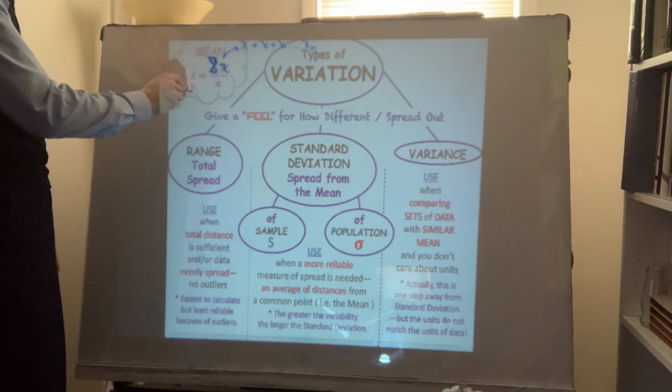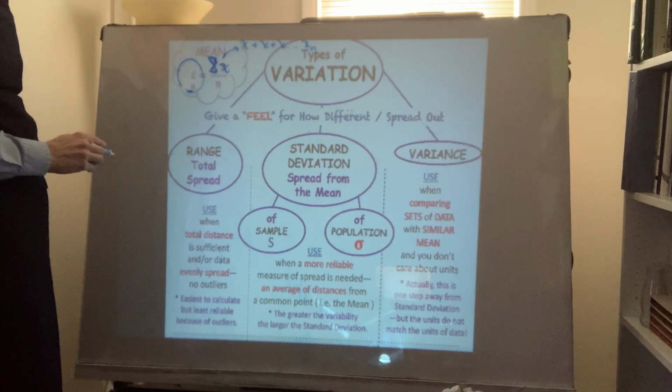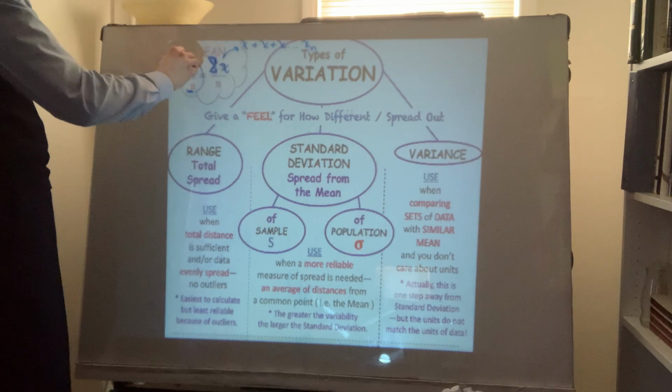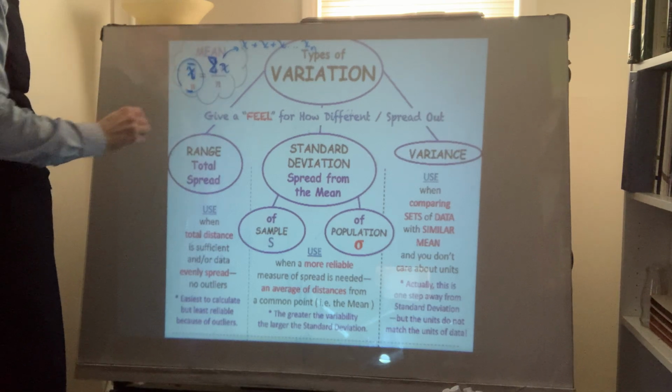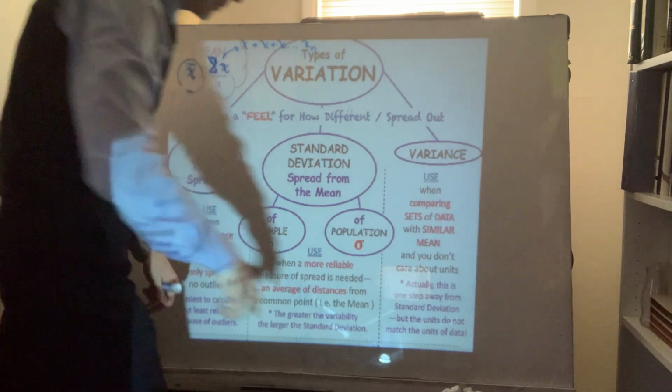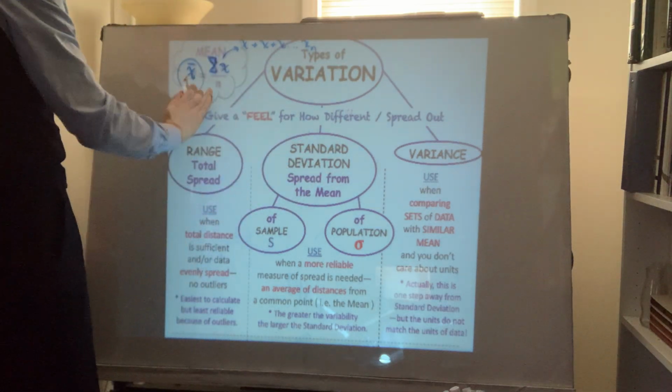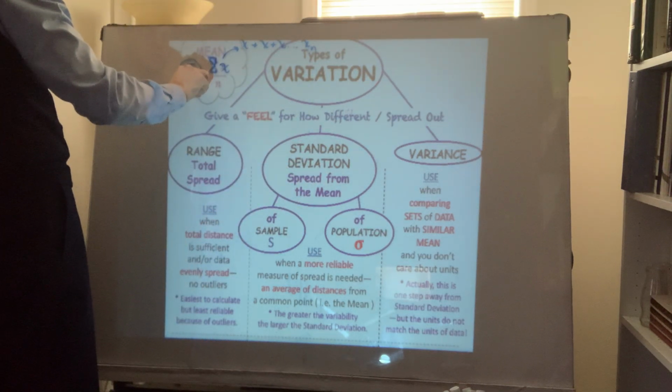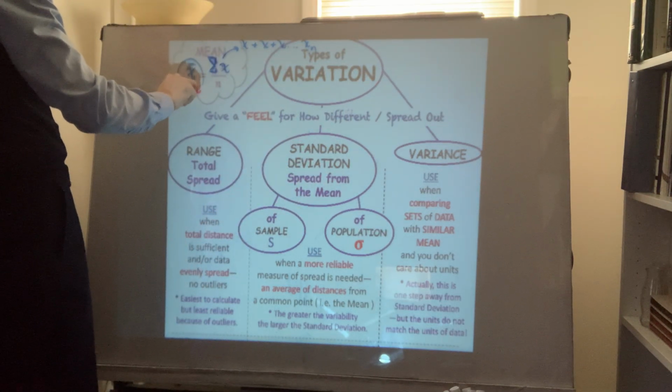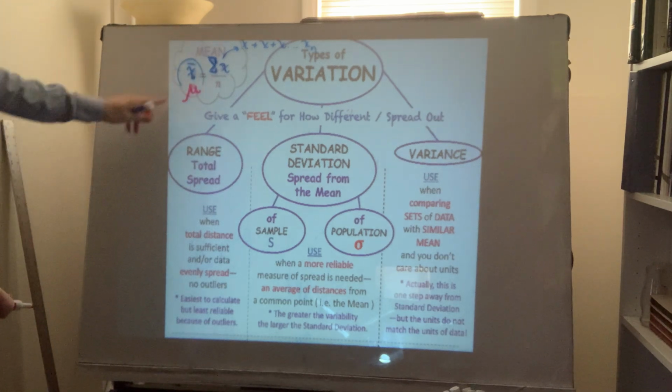Now, over here, you see two different symbols as options. You see x bar, and you see mu, which is a Greek sort of stylized looking U. I'm just exaggerating here.